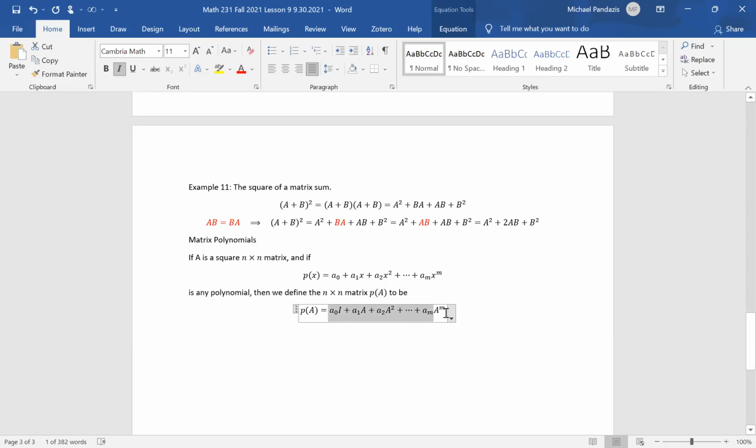And so you're adding n by n matrices, which means the sum is an n by n matrix, which means in this definition, we're defining an n by n matrix and we're calling it P of capital A.